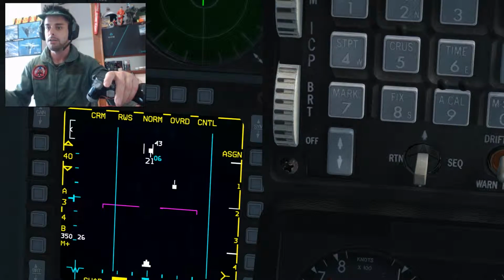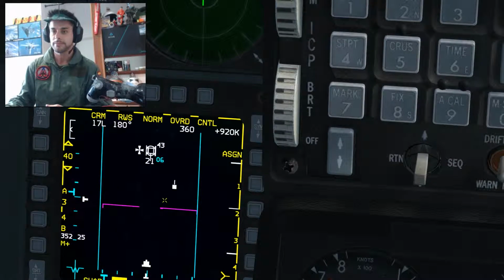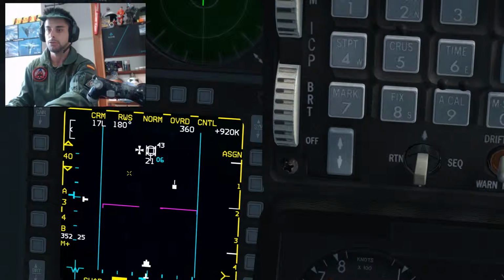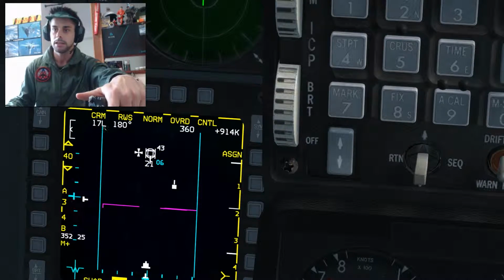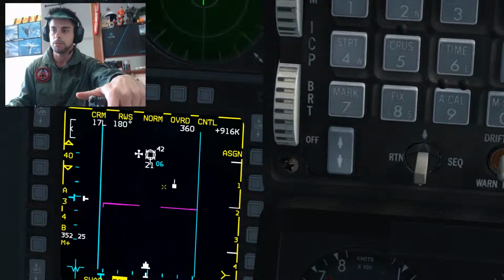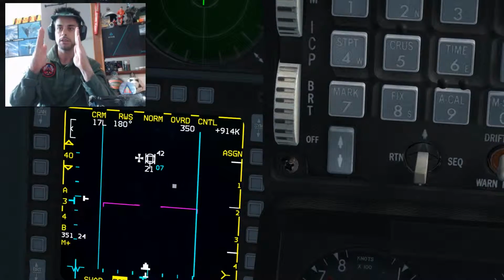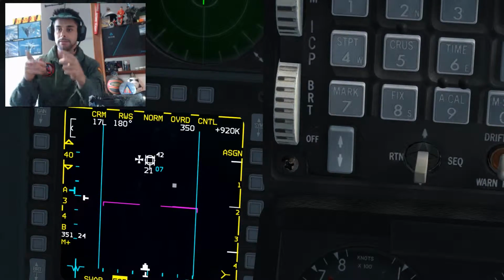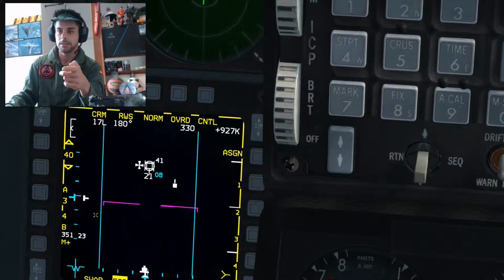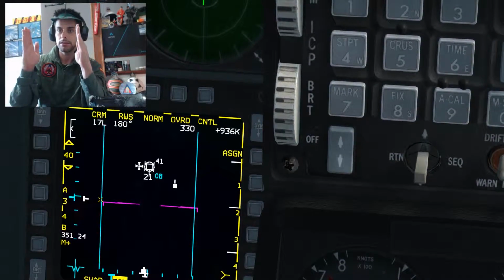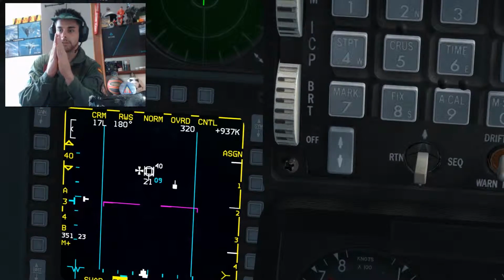Now another thing that you are going to see is, as you are getting closer and closer with a target that is bugged, the blue lines of the Azimut are going to be shorter and shorter. Why? Look, as you can see now, we are around 30 miles. The lines are already getting closer to each other.